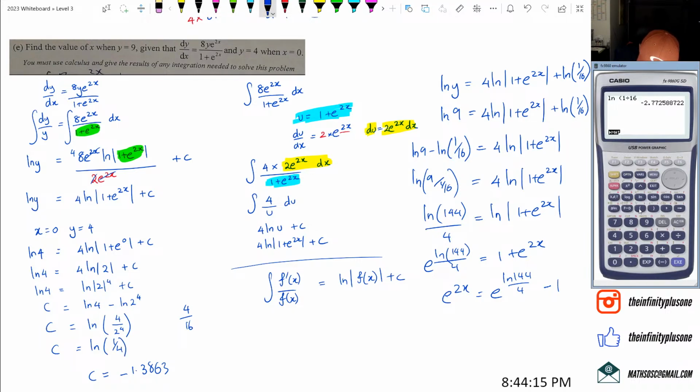That should be ln of 4. So if I do ln of a quarter, that's better. So this is going to be 1 over 4, 1 over 4, 1 over 4. This is going to be 36.